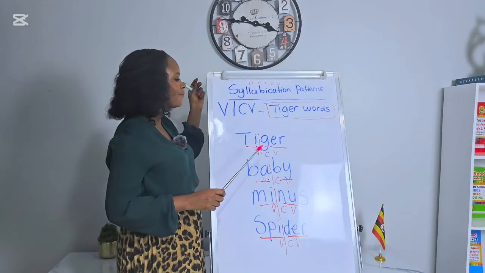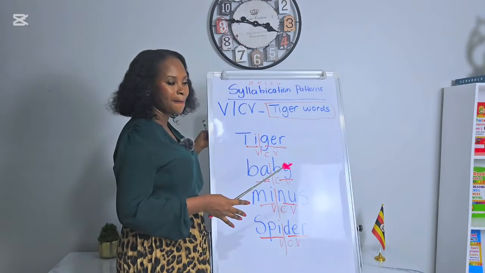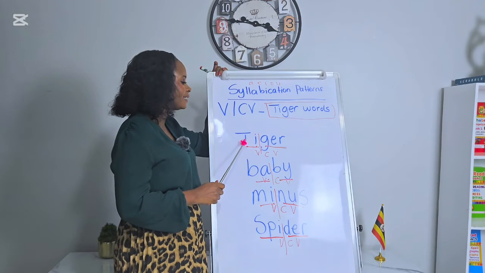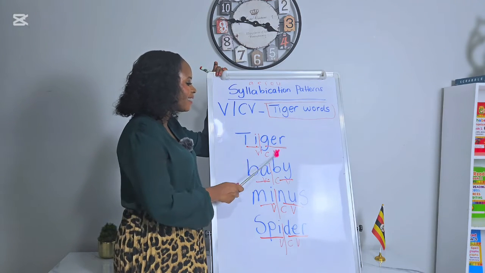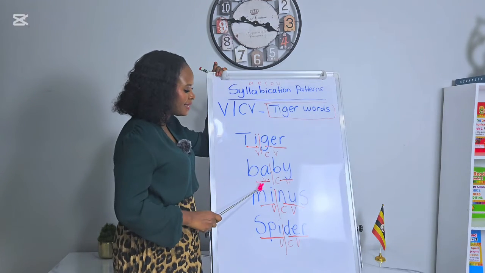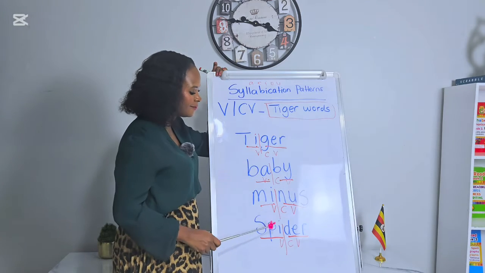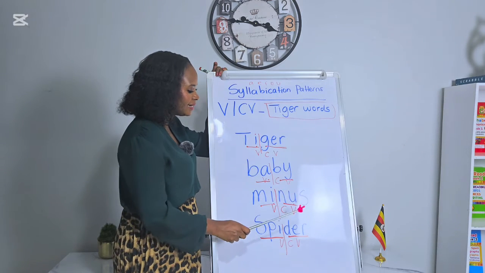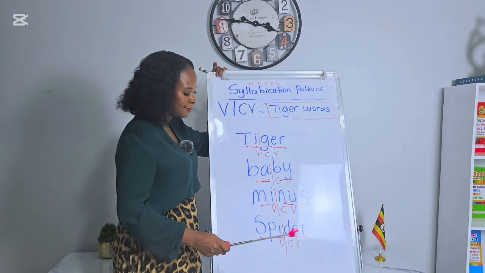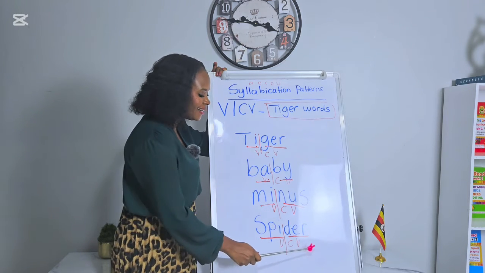All right, let's read our broken words. Let's have a go at reading these words. We start with the parts. Ti, ger. Blend. Tiger. Ba, by. Blend. Baby. Mi, nus. Blend. Minus. Spi, der. Blend. Spider.